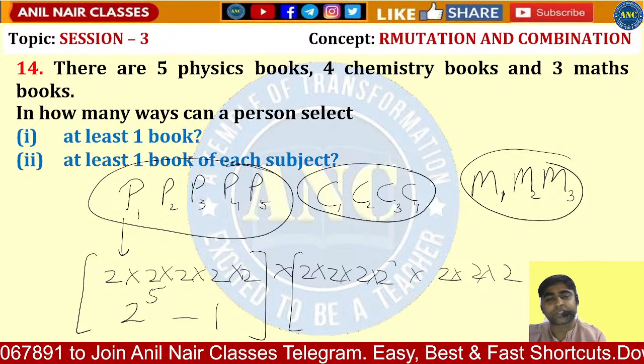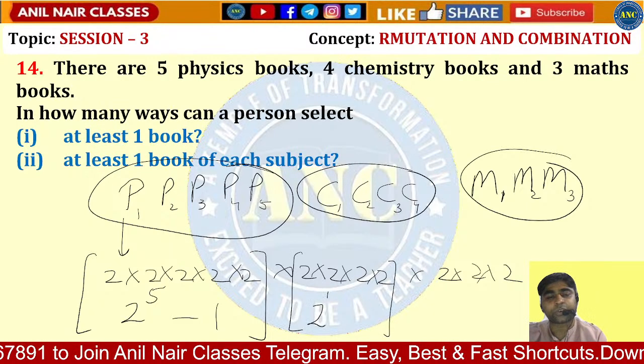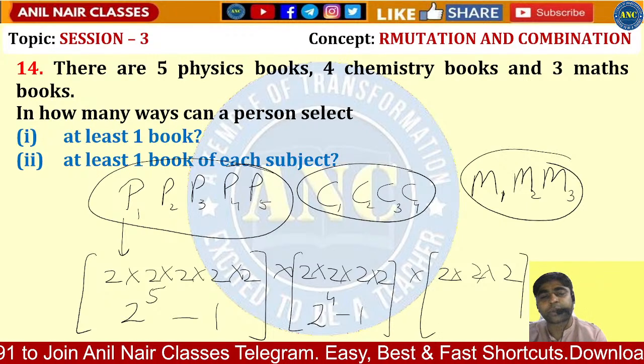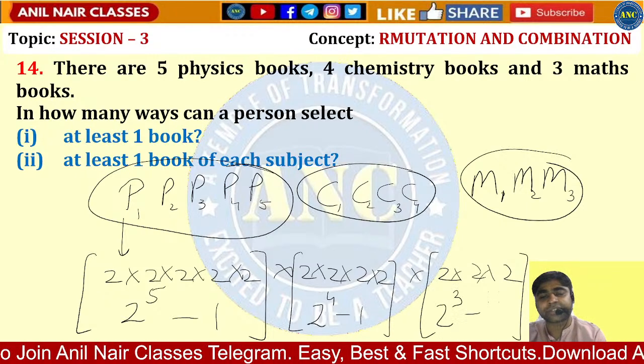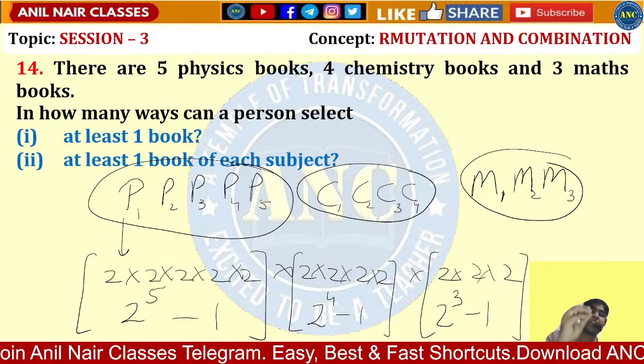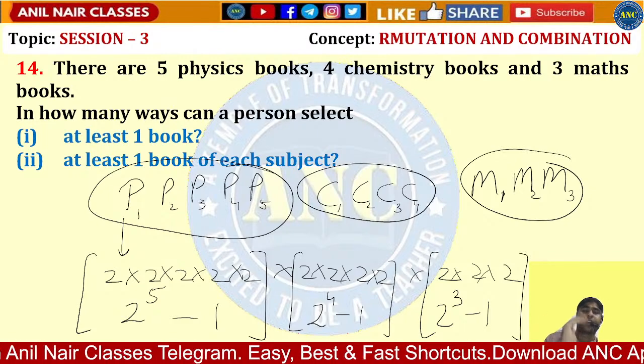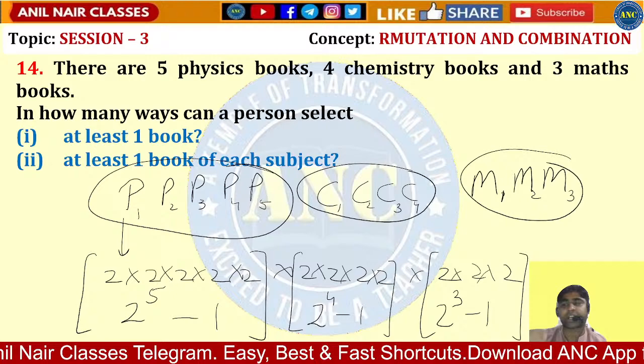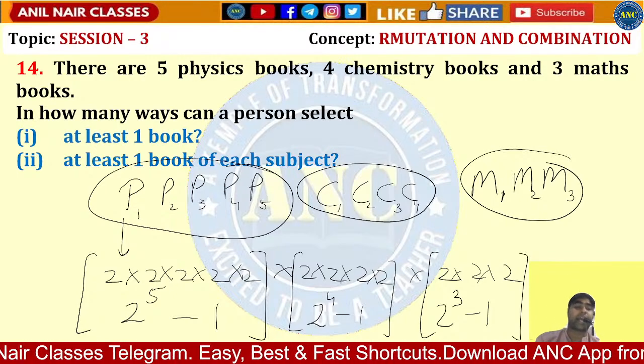Similarly, this would be 2 to the power of 4, but minus 1 here. This would be 2 to the power of 3, but minus 1 here also, because from the physics category I need to choose one book, from the chemistry category I need to choose one book, and from the third category also I need to choose one book.